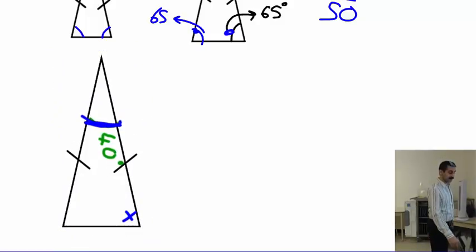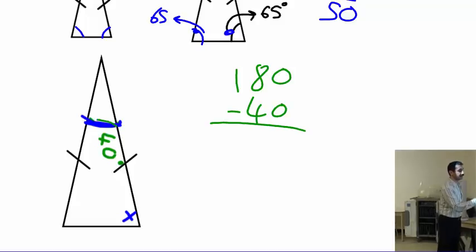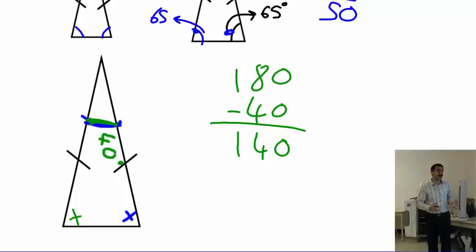So first of all, from 180 degrees, I will subtract the 40, the one I know. This is 40. That will give me 140. So I know that x plus x, two angles, the same number added together, will be 140.